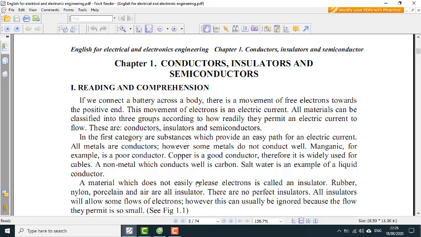Reading and comprehension: it means you can read all of the text, all of the words, but you don't know what it means. That doesn't mean comprehension. Comprehension means you can read it and you can understand, you can get the meaning from it. Okay?